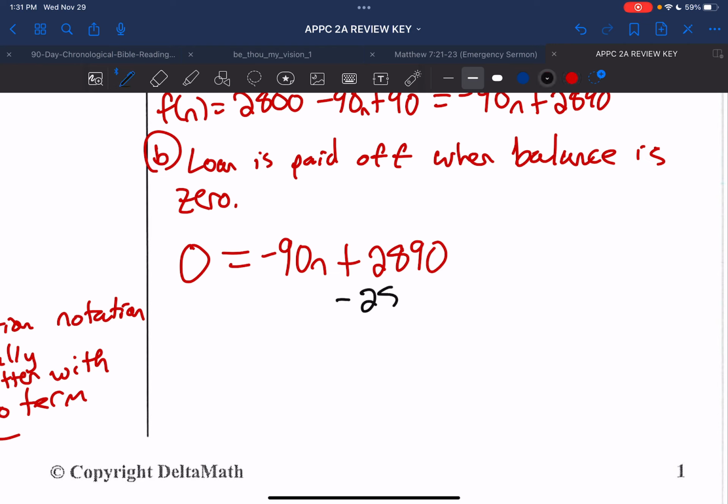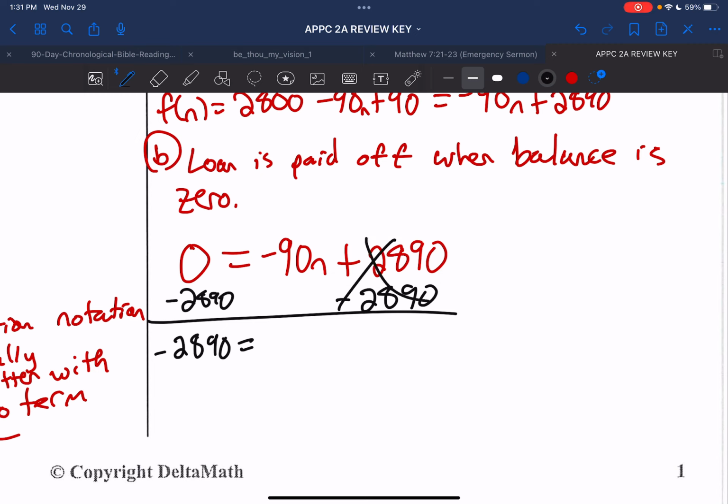So minus 2890 on both sides, negative 2890. Do the math in the calculator and get 32.11 equals n.